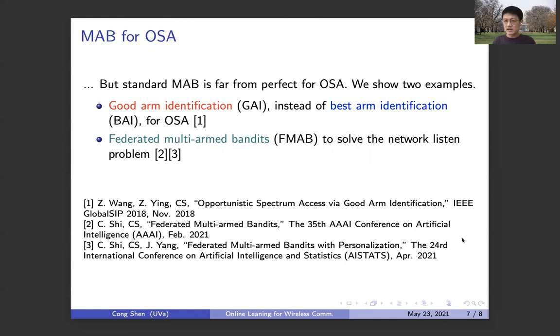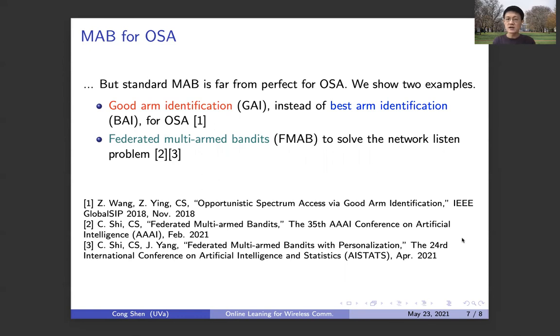One particular example, again, which I will discuss first, is the good arm identification versus the best arm identification problem. This is based on our GlobeSIP paper. The second, which is very recent and very elaborate, is a concept called federated bandits.